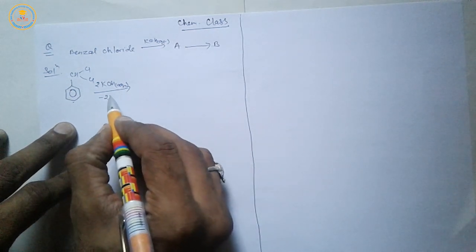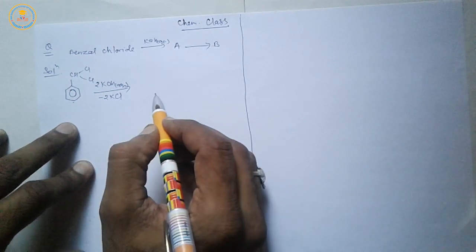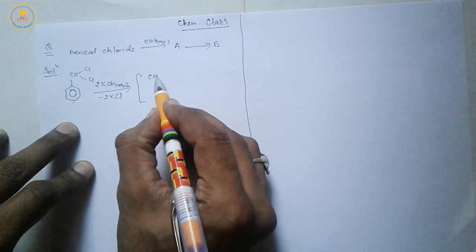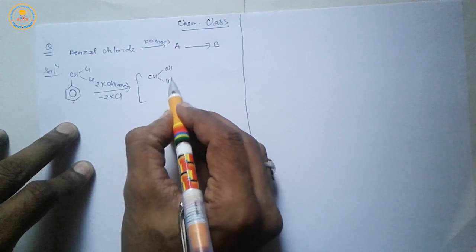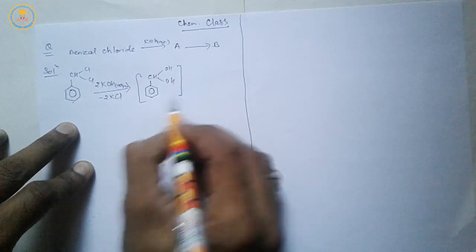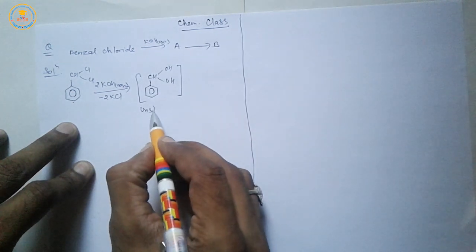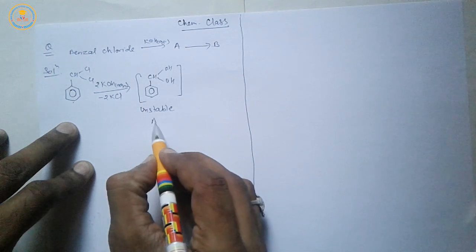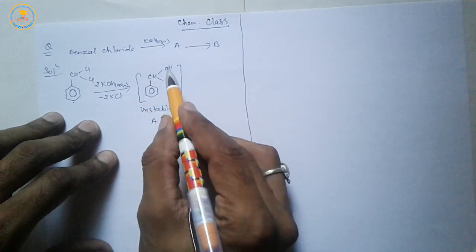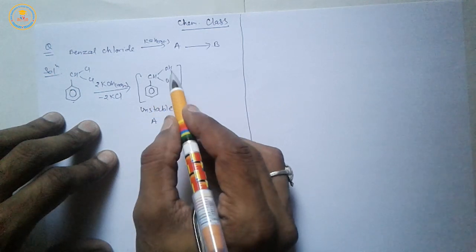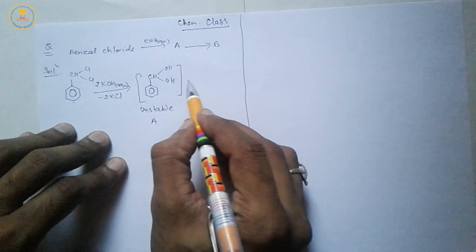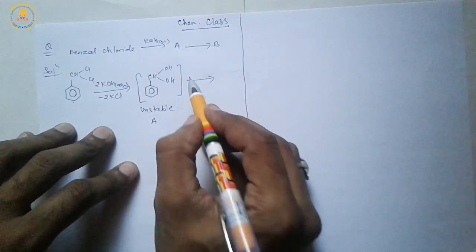After removing two potassium chloride molecules, then benzyl alcohol is formed, which is unstable because in this benzyl alcohol two OH groups are attached on one carbon atom, so it is unstable.